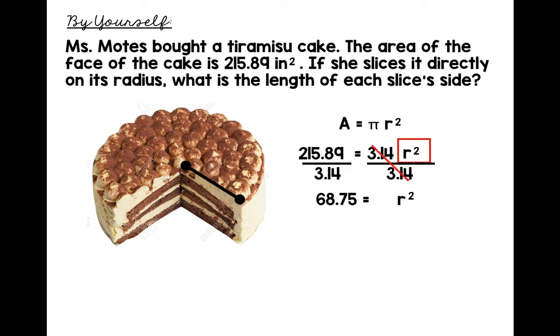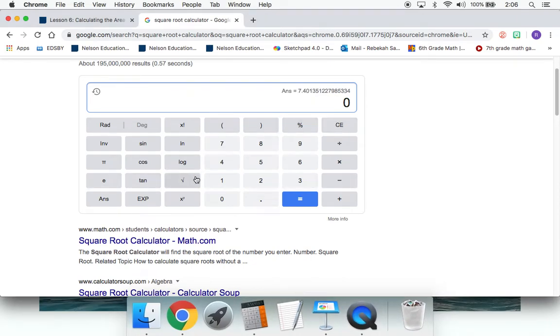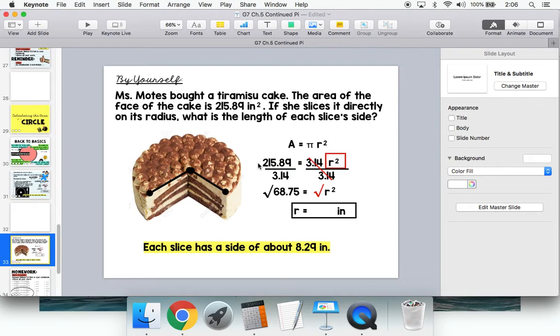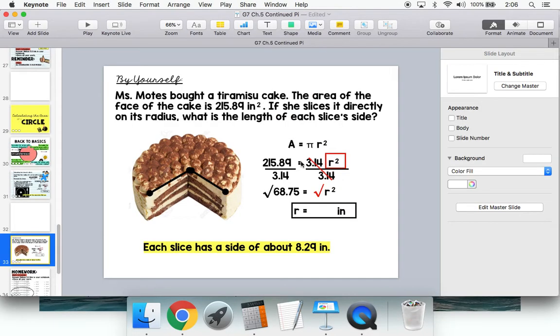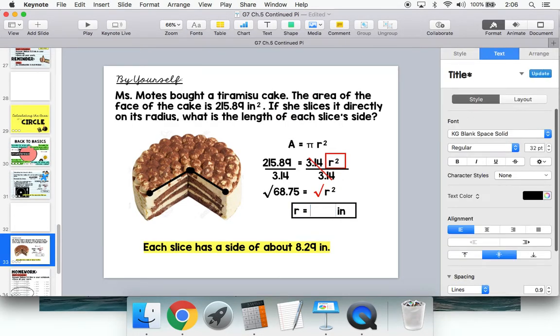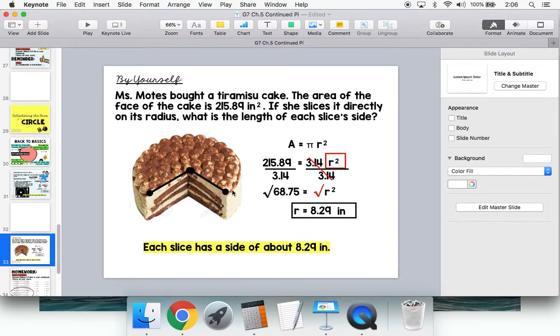So I'm going to take 68.75 and find the square root, then press enter. We should get 8.29. So each slice has a side of about 8.29. And there you go, guys. That is how we find the radius if we are given the area.